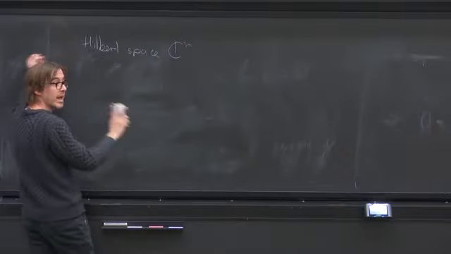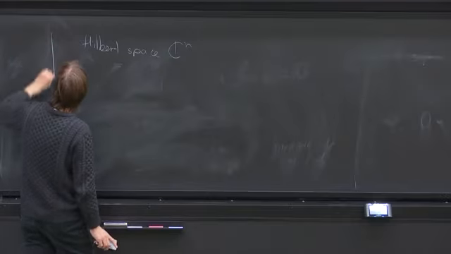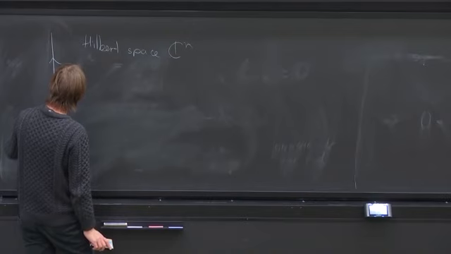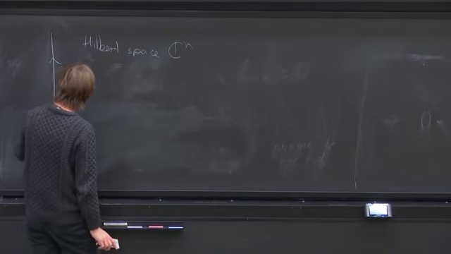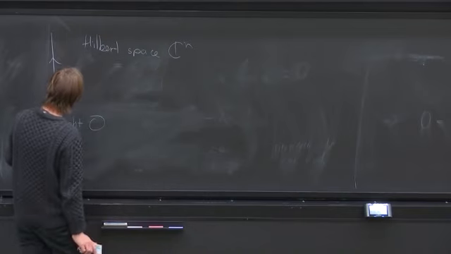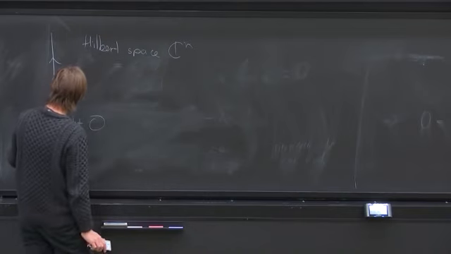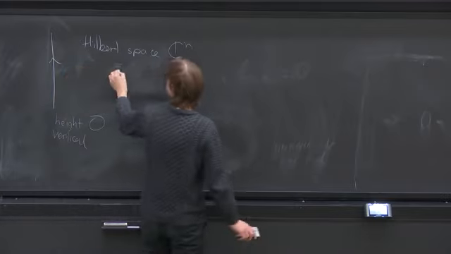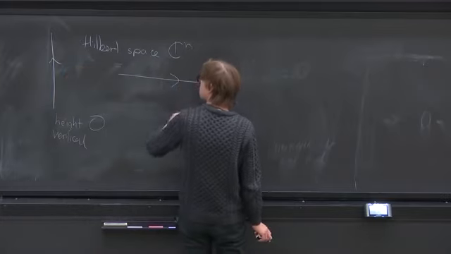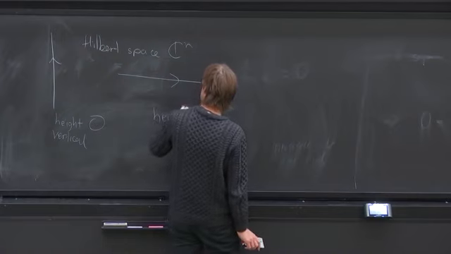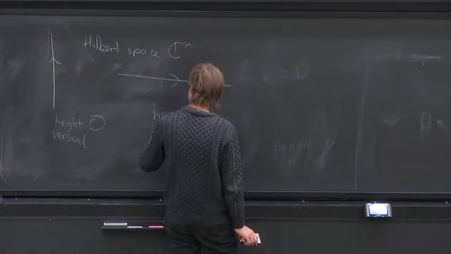I'm going to draw them both on axes. So this guy is at height 0 and the vertical axis. And this one is also, let's say, height h and horizontal.